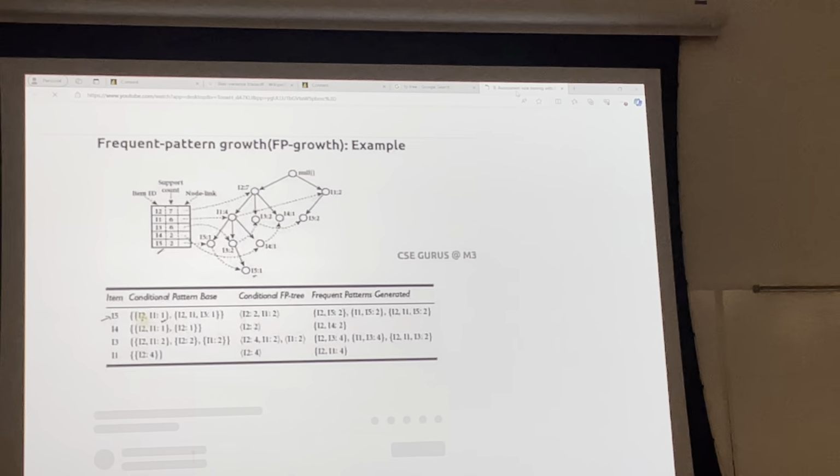There are a lot of interesting things where you can look at FP growth.